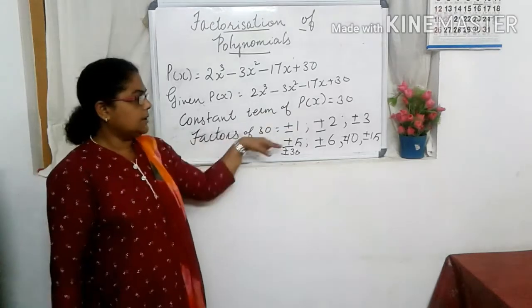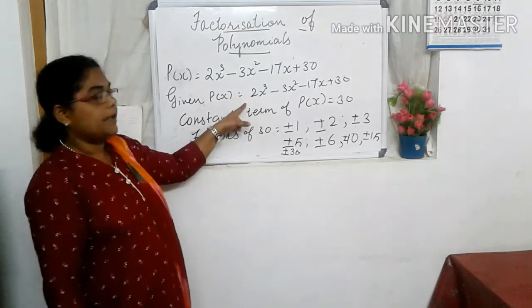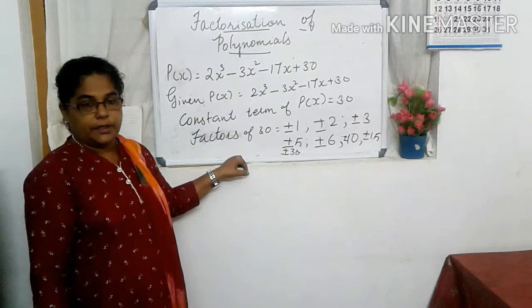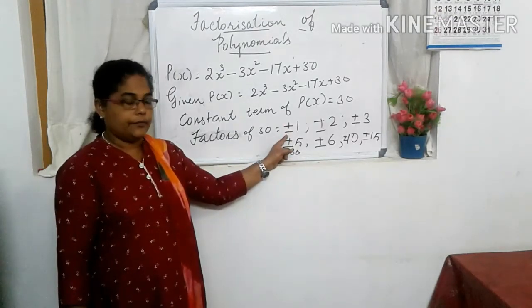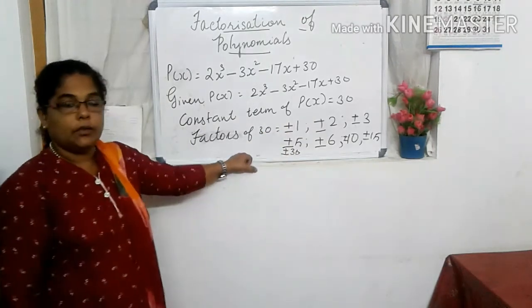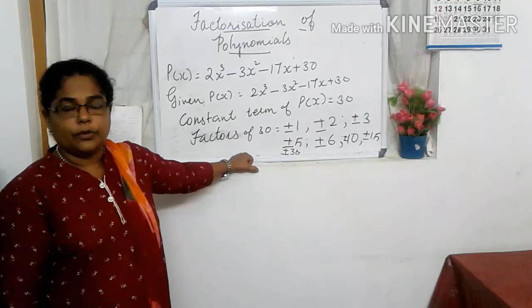Among these terms, one will be the g of x of this polynomial. It is the first factor of this polynomial that we have to find out. 1 means x plus 1 or x minus 1. Then x plus 2 or x minus 2. Then x plus 3 or x minus 3. We have to find out which is the factor. How are we going to find it?